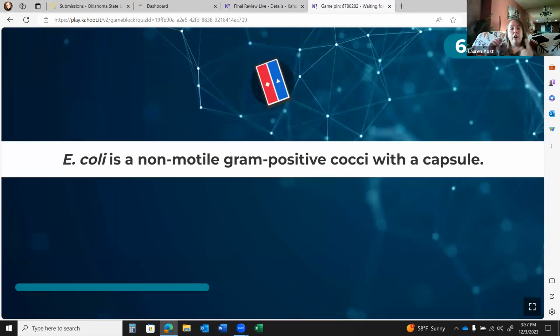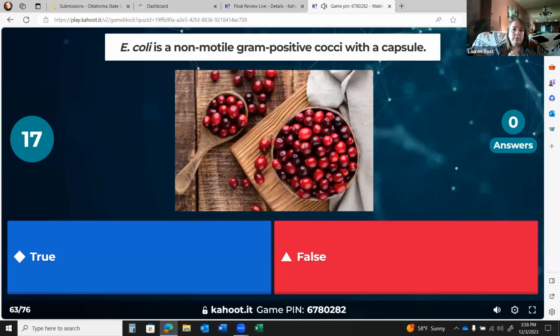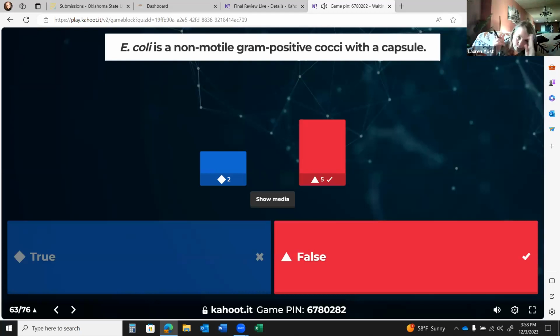E. coli is non-motile gram-positive cocci with a capsule. True or false? Okay, so E. coli, I'll tell you exactly what's wrong with this whole statement. This is more than one thing. So E. coli, it is motile.